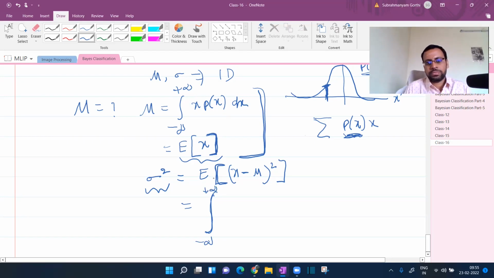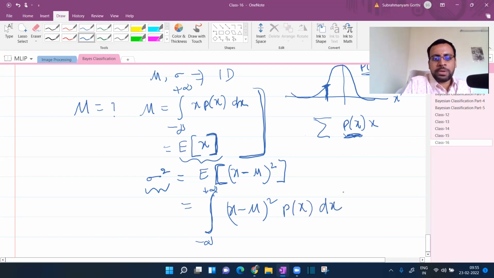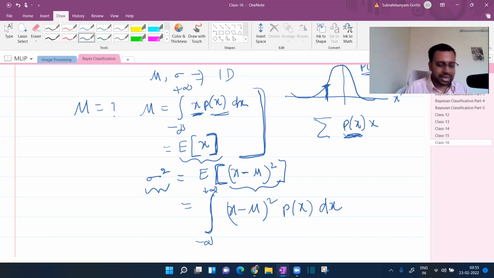It is the integral of (x minus mu) whole square into P of x dx. In place of x, I have x minus mu whole square. This would give you the variance value.